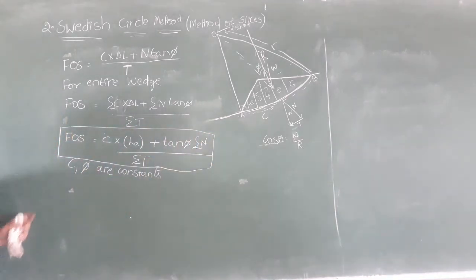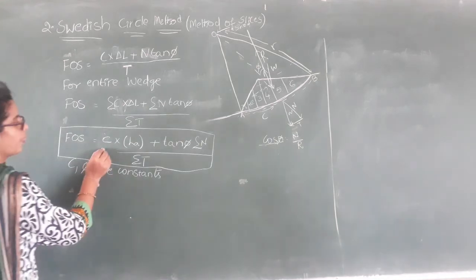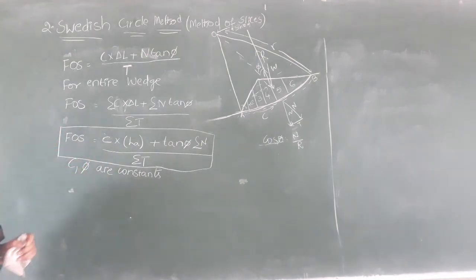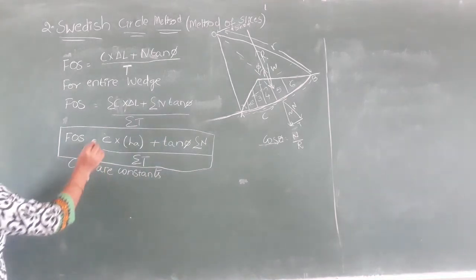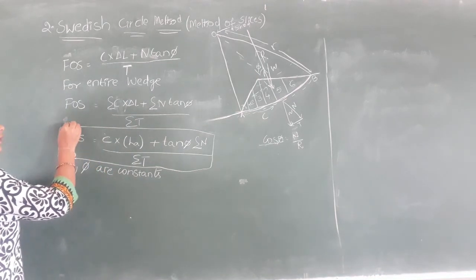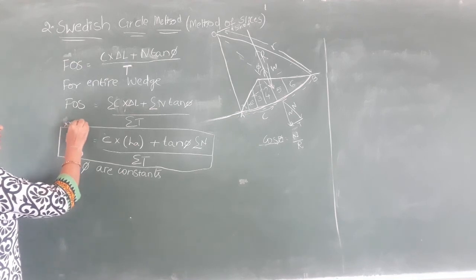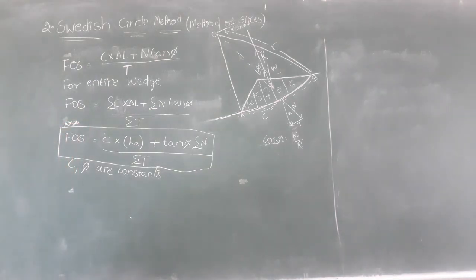So this is the basic formula to check the stability of a finite slope. This is an important formula, important method. Okay, method of slices or Swedish circle method. Thank you, students.